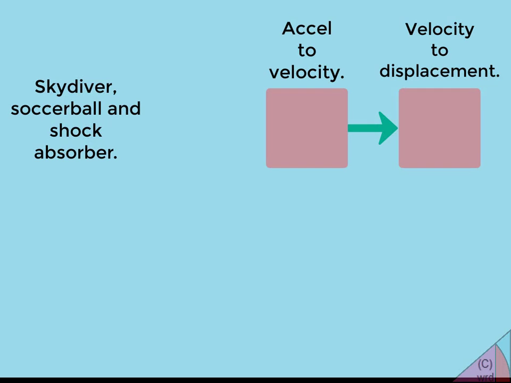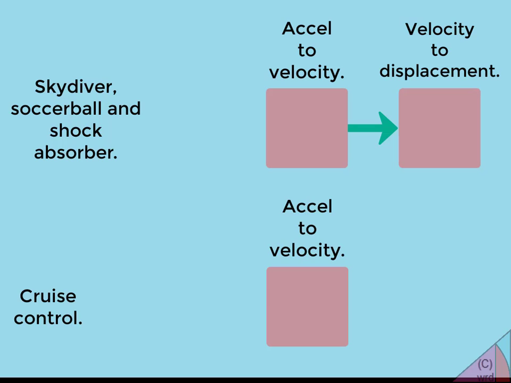For our shock absorber and air resistance models, we used the 2 account chain of acceleration to velocity, then velocity to displacement. Our cruise control chain moves the model earlier by 1 step in the motion process. Now acceleration to velocity is our second account, our second system delay.